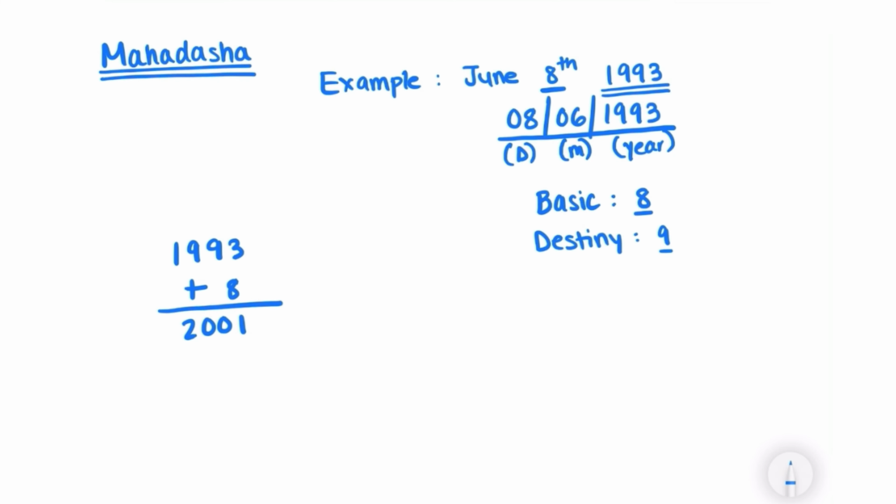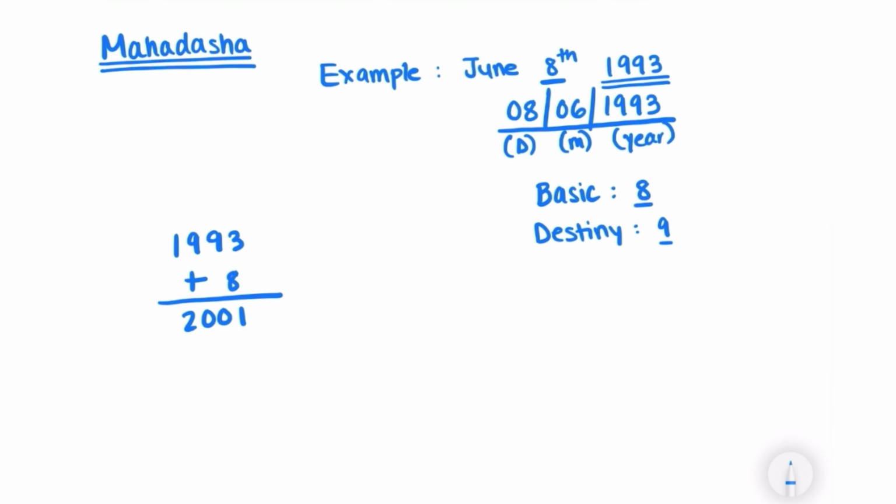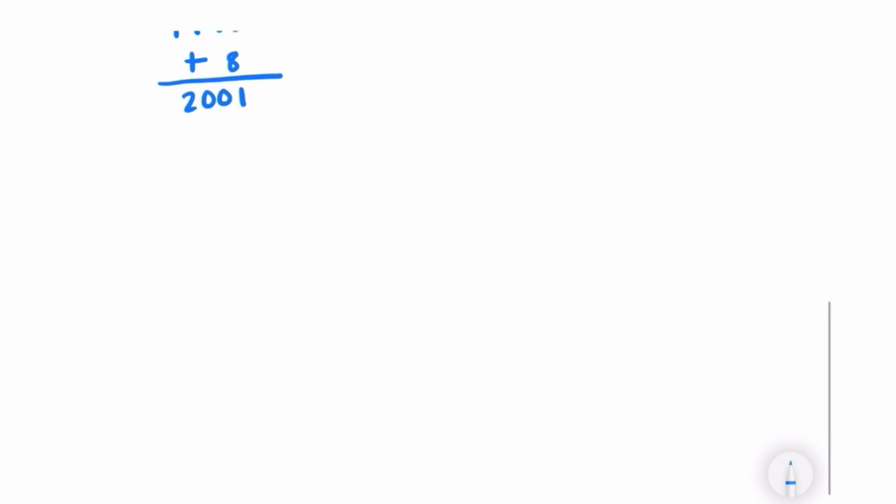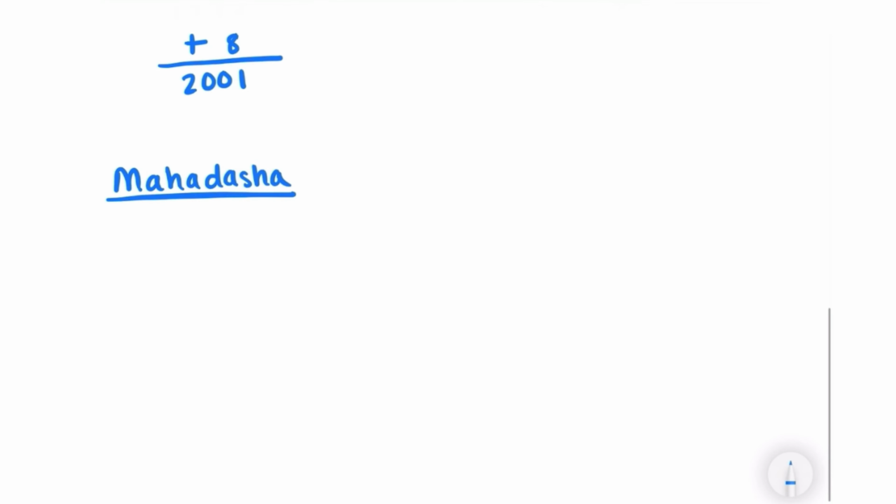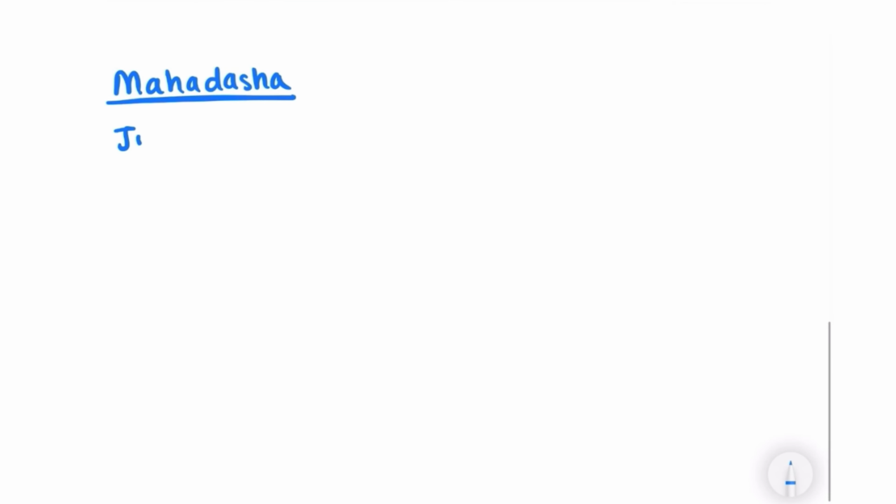So for this person who was born on June 8th, 1993, their Mahadasha is going to be June 8th, 1993 to June 7th, 2001. They will be in Mahadasha of number 8, which is ruled by Saturn.